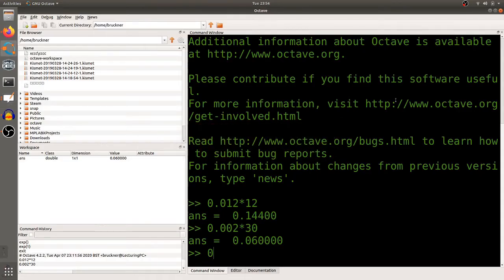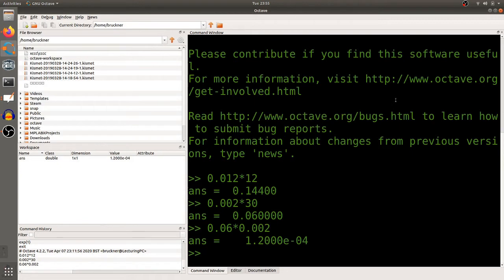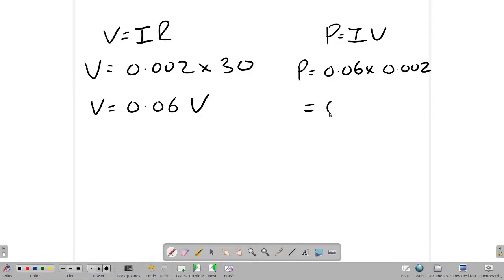Put them in the calculator, and we get 0.00012 watts. So that's 120 microwatts. So here we found our voltage and our power for this circuit.